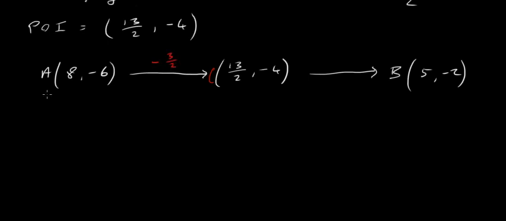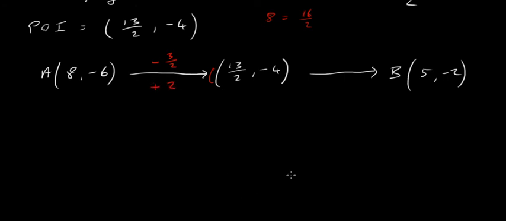Because if you think about it, 8 is 16 over 2. And we want to go from 16 over 2 to 13 over 2. So to go from 16 over 2 to 13 over 2, we would have to subtract 3 over 2. Now how would we go from minus 6 to minus 4? Well, we would just add 2.